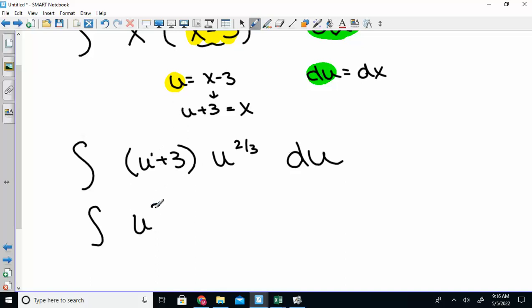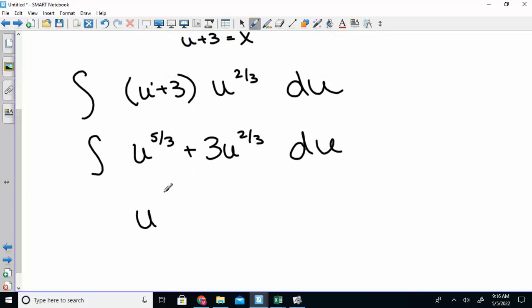So if you add those exponents, and then we could integrate. So add 1 to your power, you get 5/3.